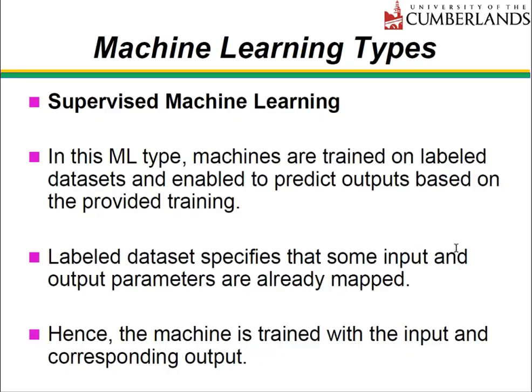Because the inputs and outputs are already mapped, the machine is trained with the input and corresponding output. It learns to recognize that when I see these combinations of input features or characteristics, the outcome tends to be that, either default or payment. The machine then learns a function, which is a mathematical relationship that maps inputs to outputs.